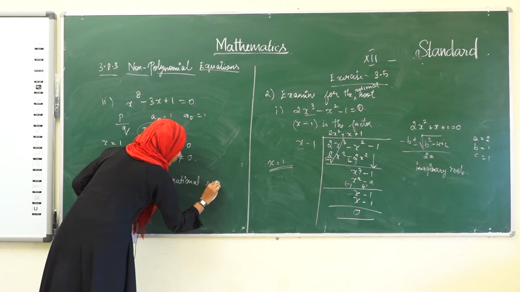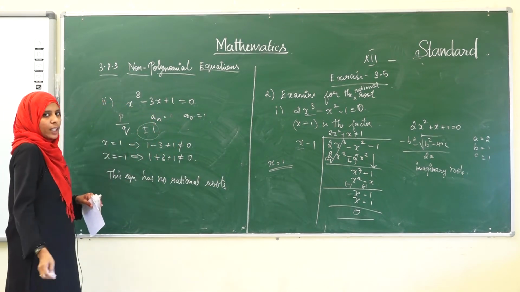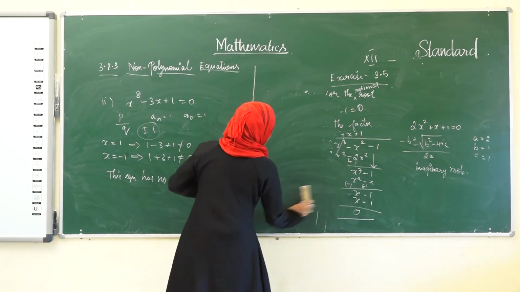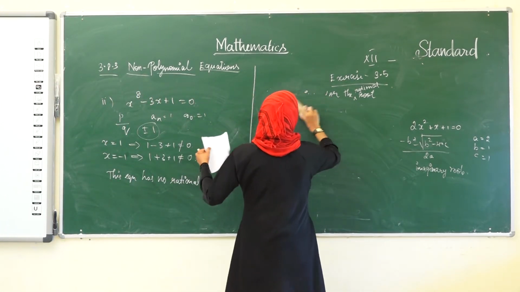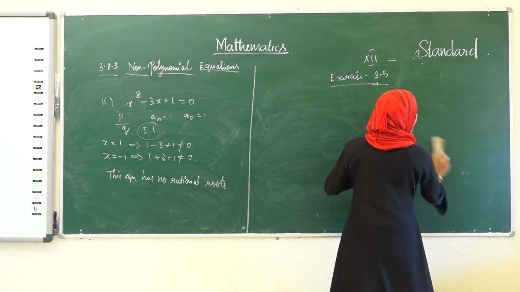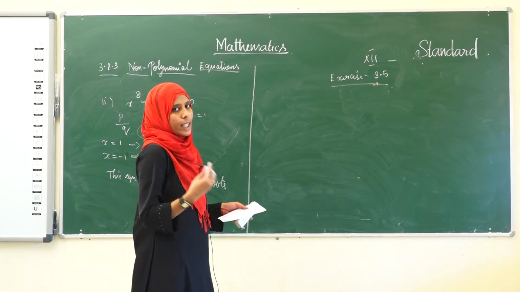The question is, we have to find only the rational roots. From this we got that this equation doesn't have any rational root. Therefore, we are concluding the sum with that. Okay, this is the answer. We don't want to find the 8 roots of this equation, because they don't ask to find the roots. They just ask to find any rational root if there is any.